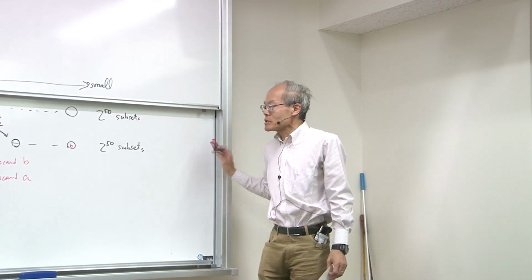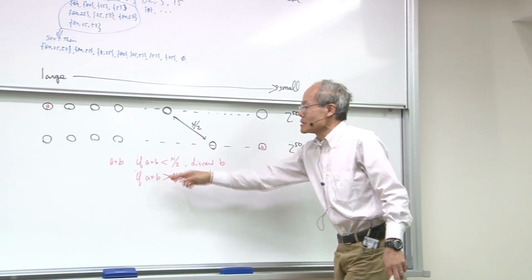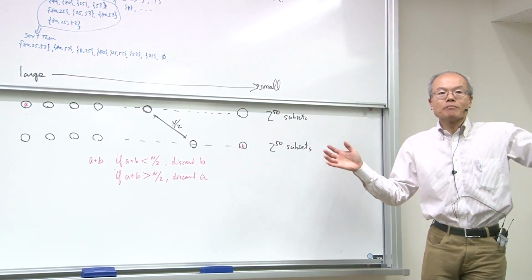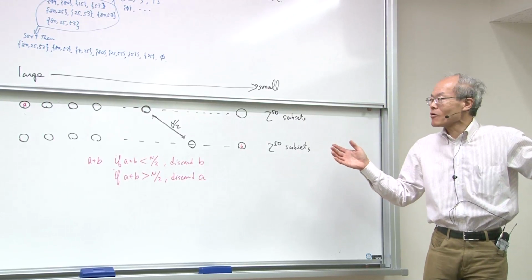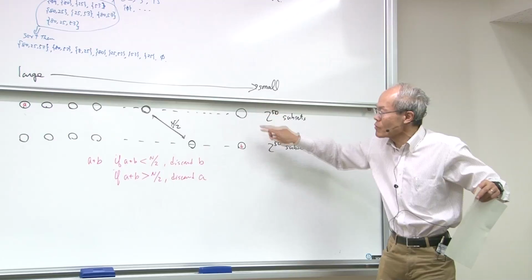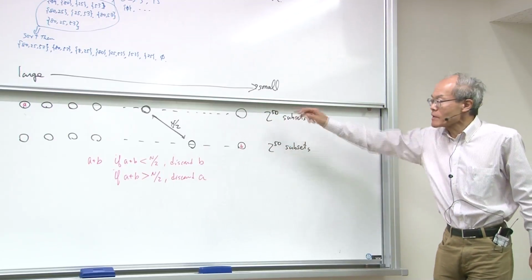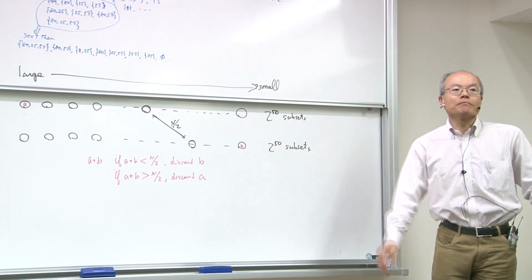So by doing this simple calculation, you can reduce the size of the list by 1. This list or that list. At least one of them can become smaller by 1.